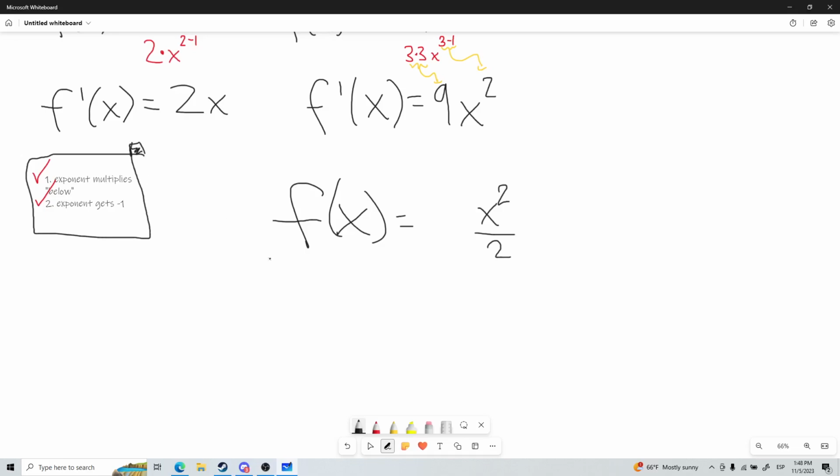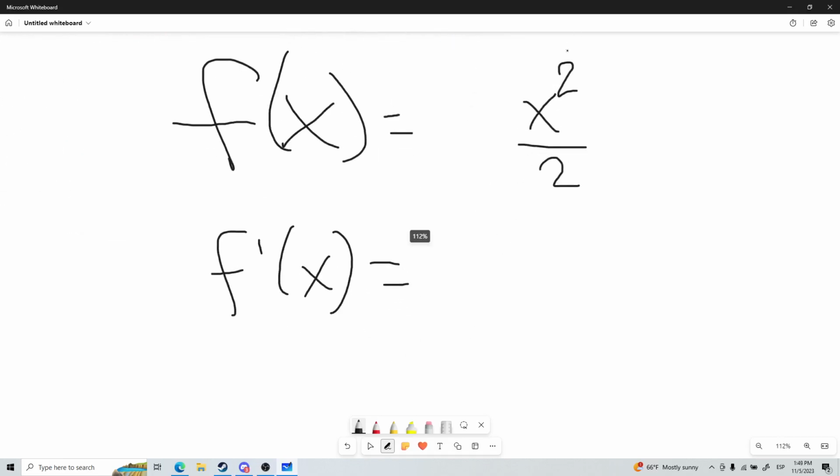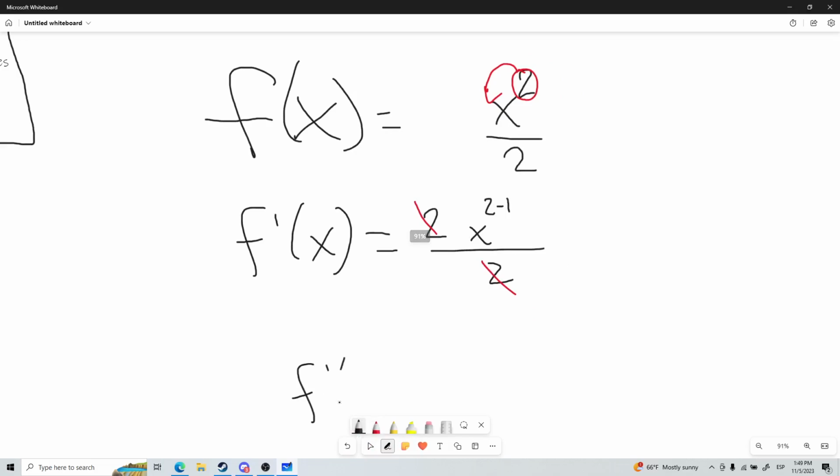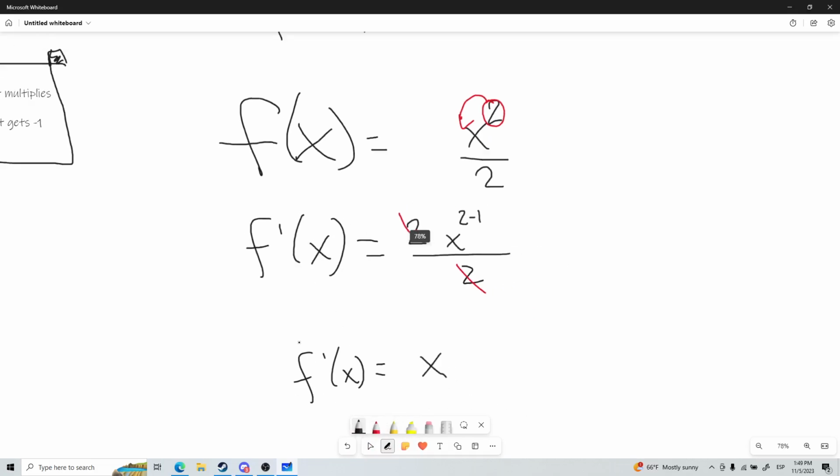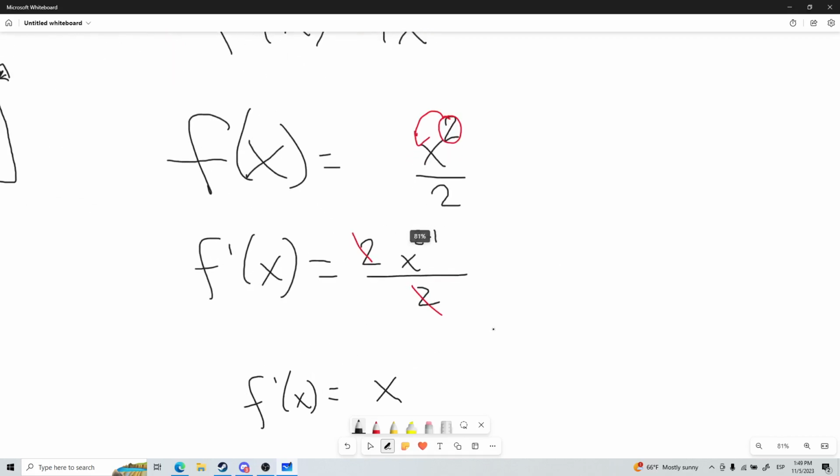So the exponent goes below, and I end up with 2x to the power of 2 minus 1, divided by 2. So this 2 goes away with this 2, and I end up with just x. When you have fractions, you have to be careful of how that interacts.